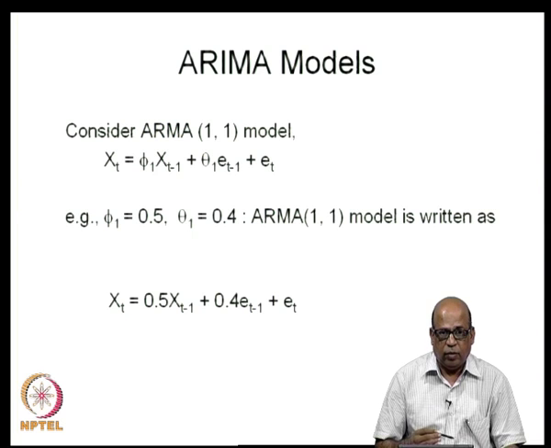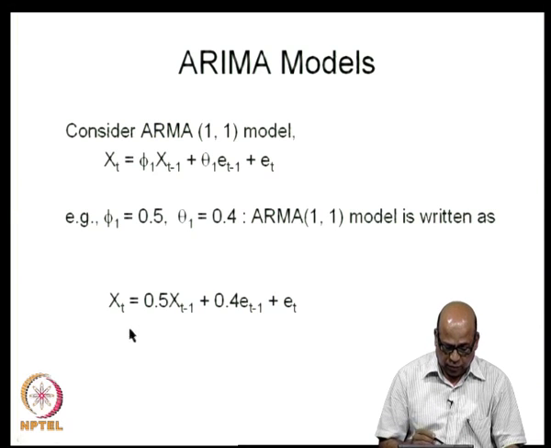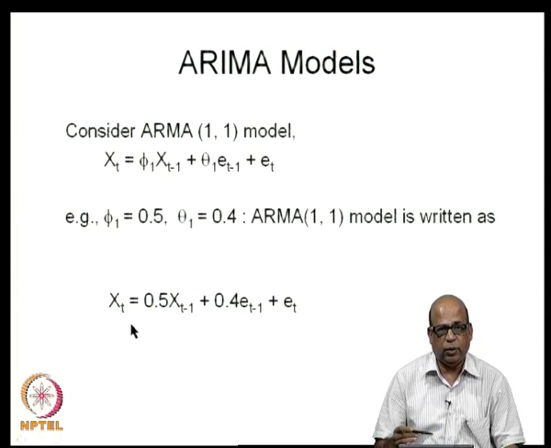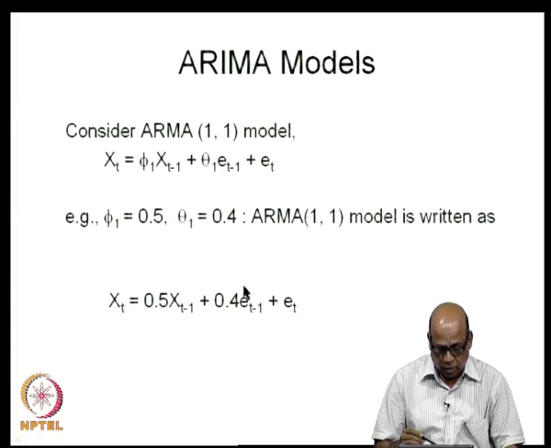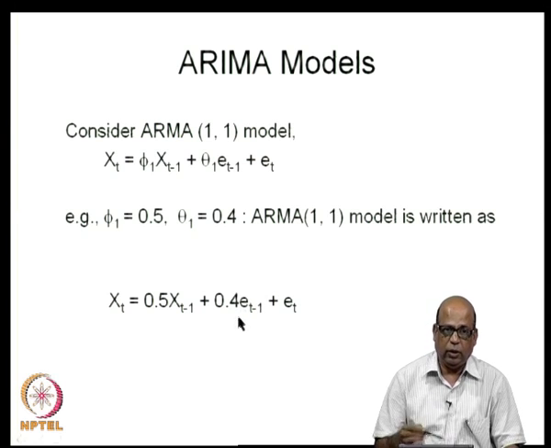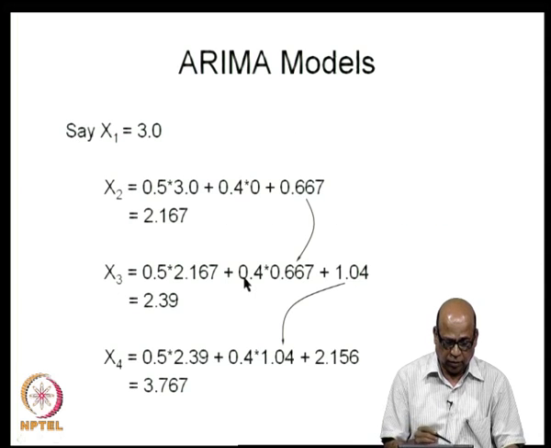Let us say this is our model that we have built. When we are doing the model testing, we use this E t minus 1 as the E t that is used in the previous term, that is for t minus 1. I will explain what I mean by that. Let us say we start with the same value x 1 is equal to 3.0.